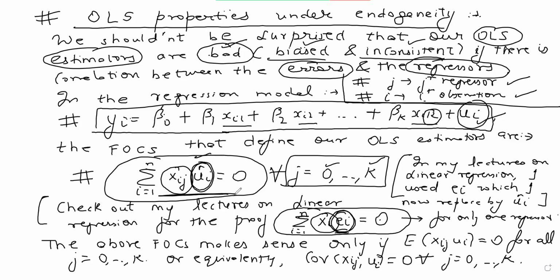And this condition makes sense only when the expected value of xij ui is 0, and the expected value of xij ui is equal to 0 only when the covariance between xij and ui is equal to 0. Now, to show that, I am erasing the initial part.